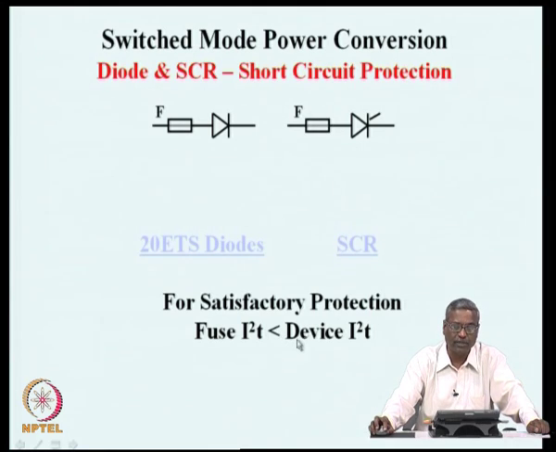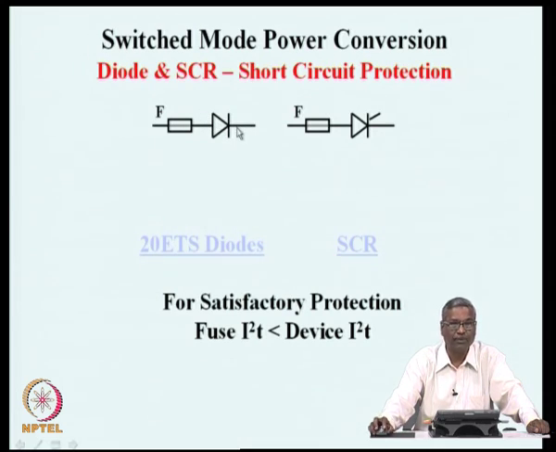The device I square T is the number which will damage the device. So, if you put both of them in series, if the fuse I square T is less than the device I square T, even before damage occurs to the device, the fuse will destroy itself, but protect the more expensive power device.